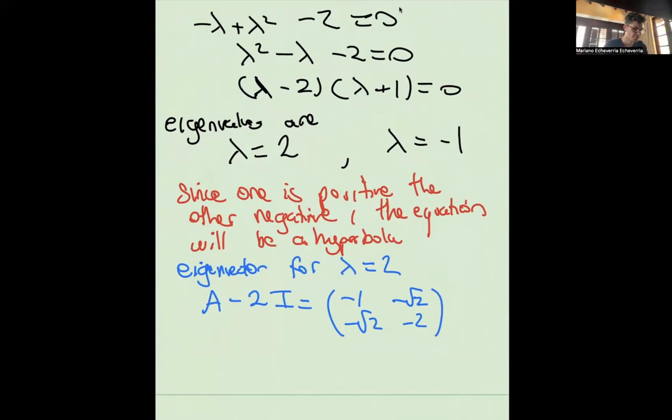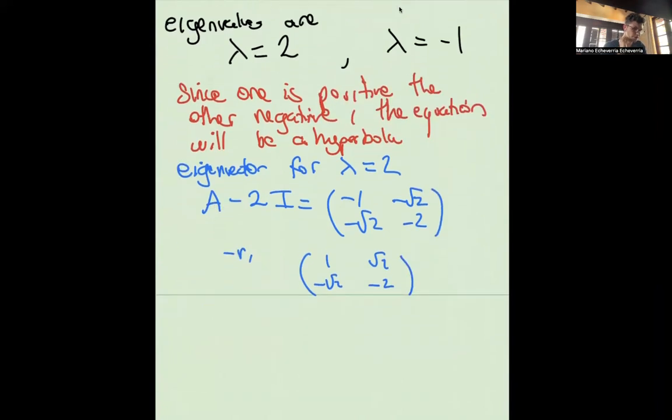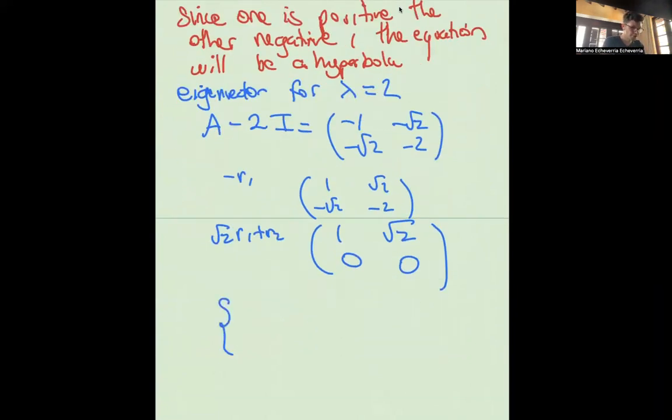Remember, you have to look at the null space of this, so you get 1, root of 2, minus root of 2, minus 2. And if you do row 1 plus root of 2 row 2, you get 1, root of 2, 0, 0. So the null space equation is just x plus root of 2 y equals 0, so x is minus root of 2 y.